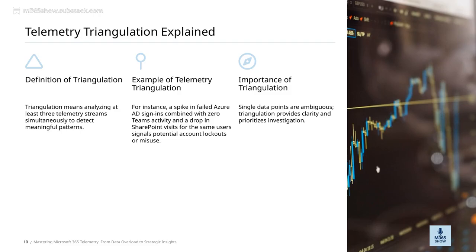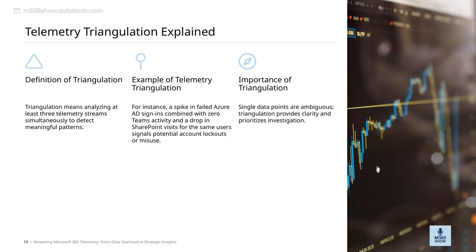Let's take a closer look at telemetry triangulation and why it matters. When we see a single data point, like a spike in failed Azure AD sign-ins, it can be difficult to interpret on its own. It might be an isolated issue, or it could signal something more serious. That's where triangulation comes in. By combining multiple telemetry streams, such as sign-in failures, Teams activity, and SharePoint visits, we can gain a clearer picture of what's really happening.